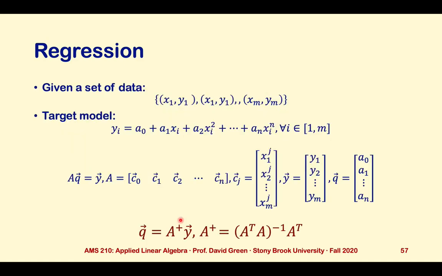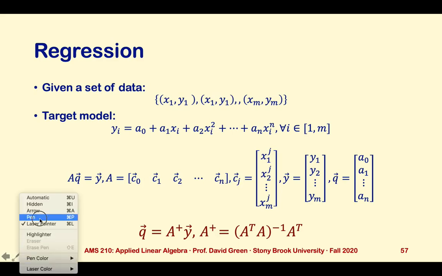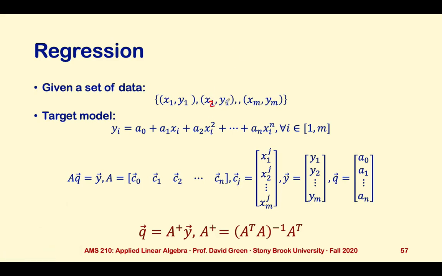All of these are going to take the same general approach, building a regression model based on least squares solutions. Given a set of data, paired values of an independent variable x and a dependent variable y. This second one ought to have had a subscript of 2 here, of course.